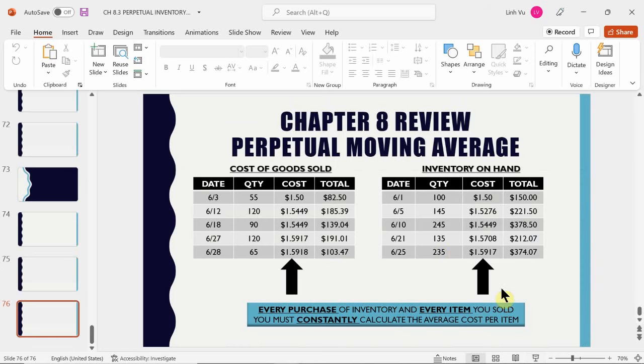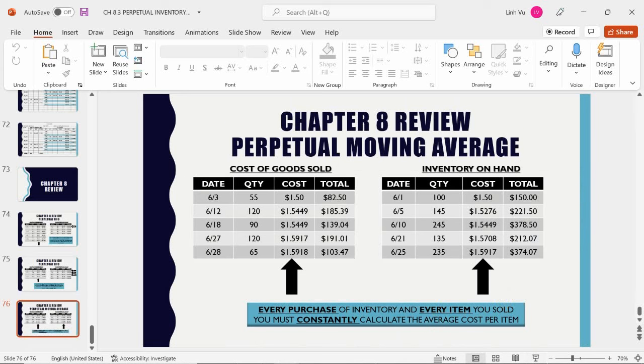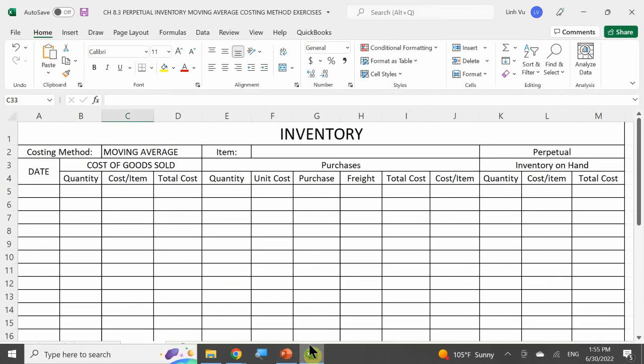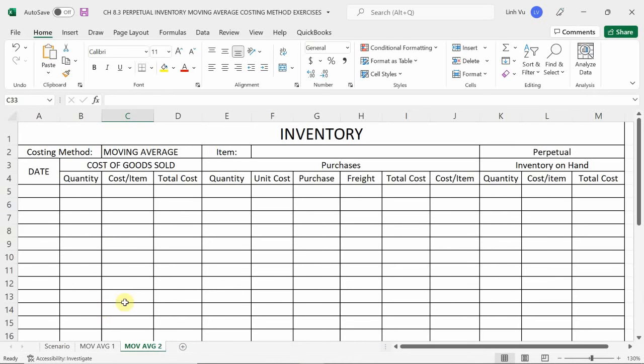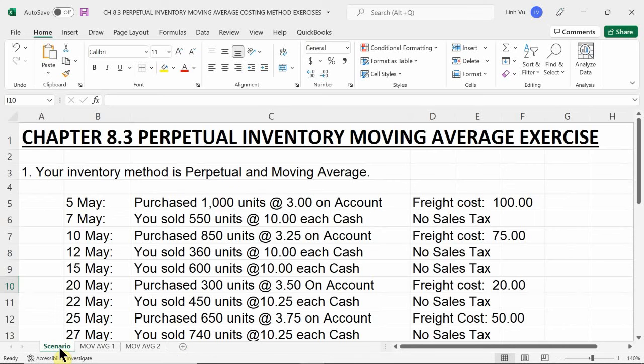All right? So let's dive into our in-class exercise. Okay, so this is what I'm going to show you how to do. This is just the way that I do it. I find it the easiest way to understand. How I am showing you is also an easier way to do it, instead of doing it on your own and figuring out whether you want to use colors or not.